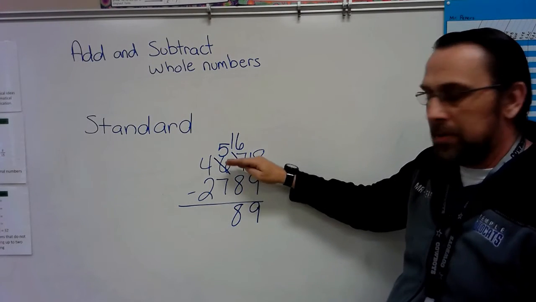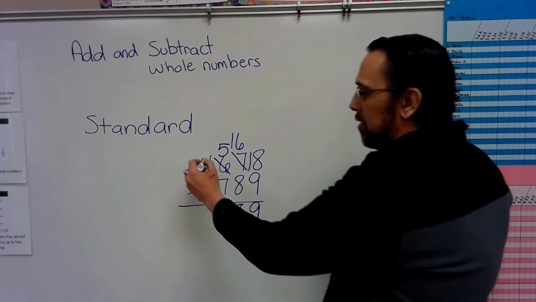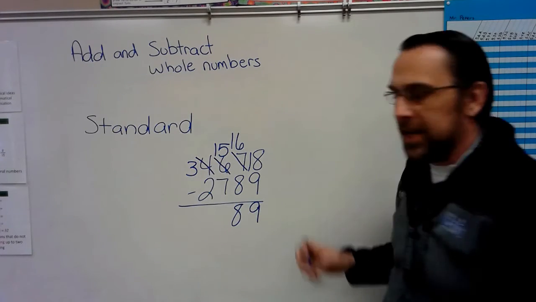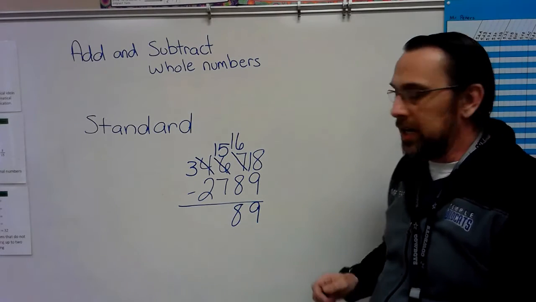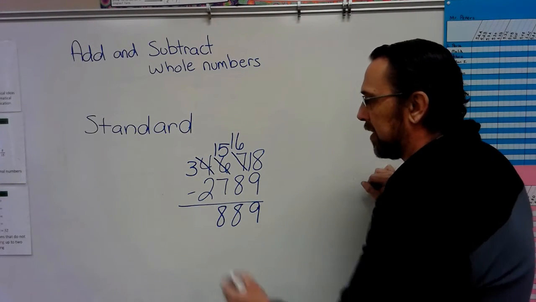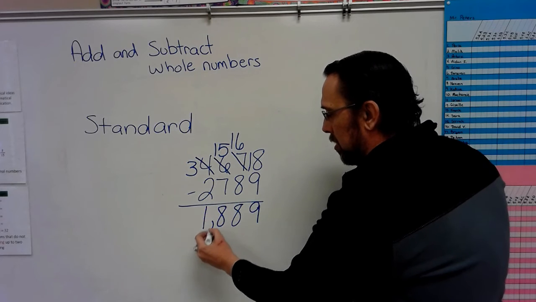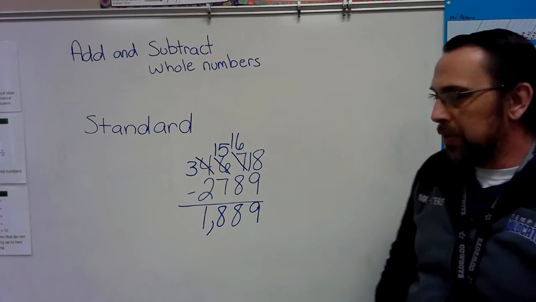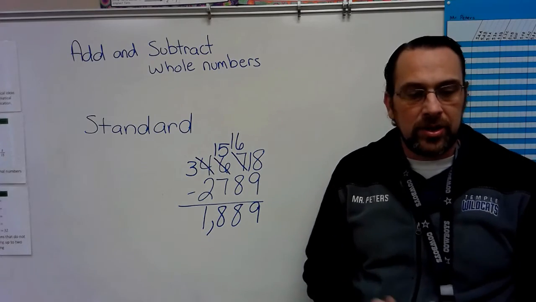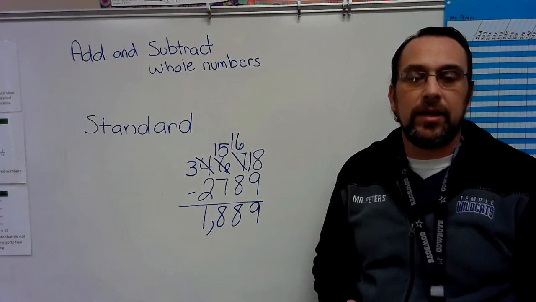Once again, the top number is smaller than the bottom number, so I'm going to borrow from the thousands and make that a 15. 15 minus 7 is 8. 3 minus 2 is 1. And then I get 1,889. Now let's see what this is going to look like in the expanded algorithm.